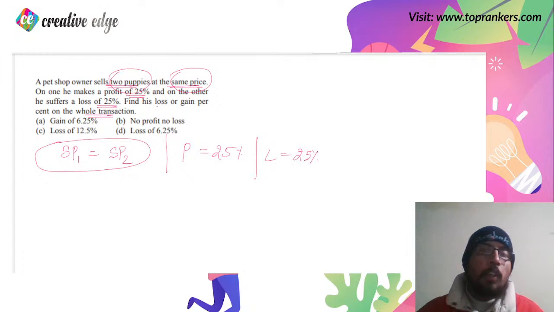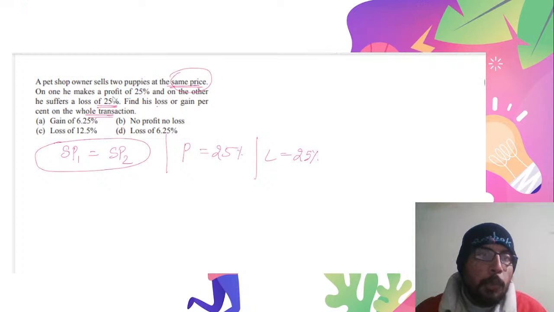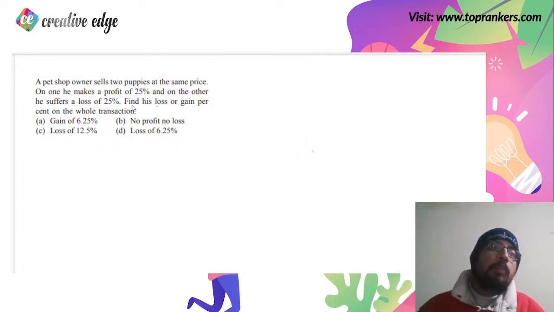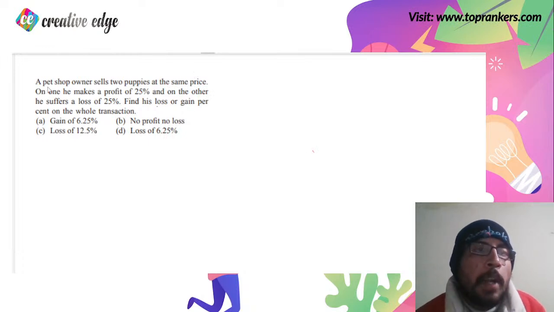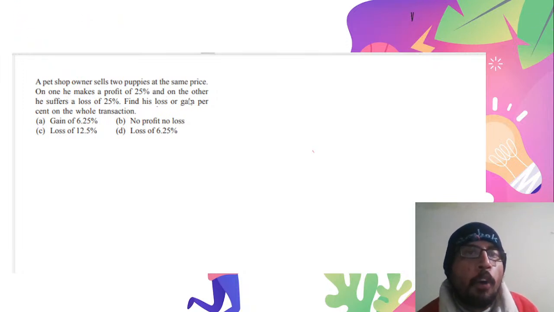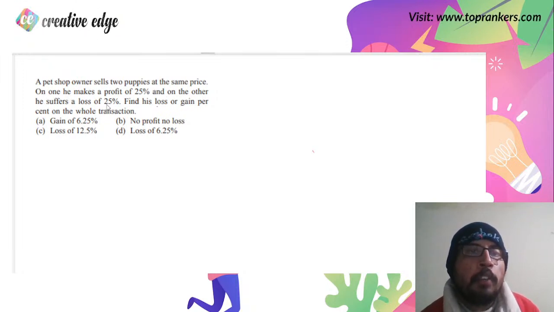Okay, so let me re-explain this question before you, what exactly is going on here. The question reads, a pet shop owner sells two puppies at the same price. On one he makes a profit of 25% and on the other he suffers a loss of 25%.